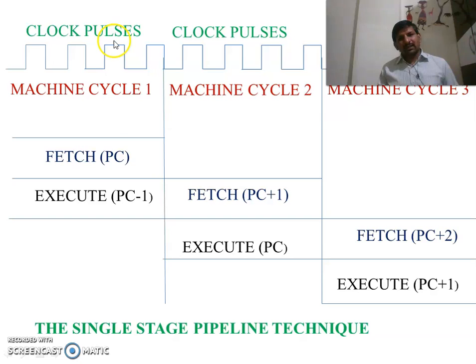In the first cycle, it fetches using the program counter. In the same cycle, it executes the current instruction. Similarly, in the second cycle, it fetches the next instruction and executes the current one. Similarly, we are performing multiple operations in a single cycle.